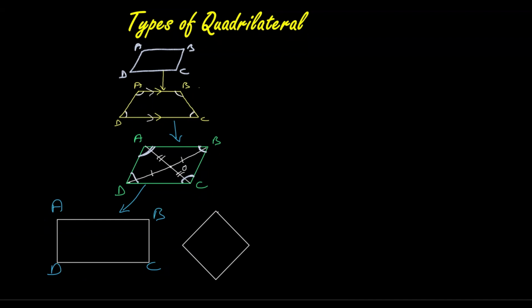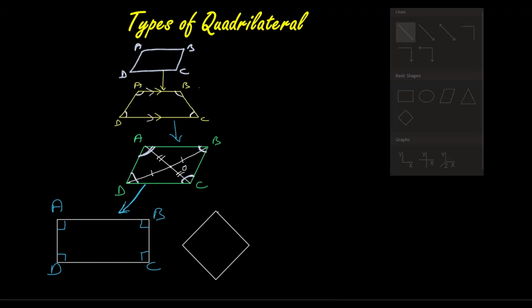Well, one more time, it will have all the characteristics of parallelogram. Here, opposite sides will be equal, opposite sides will be parallel, diagonals bisect each other, and every other characteristic that a parallelogram has. Now, what is special? As I said, it's a special type of parallelogram. The special characteristic is that each angle is 90 degrees, right?